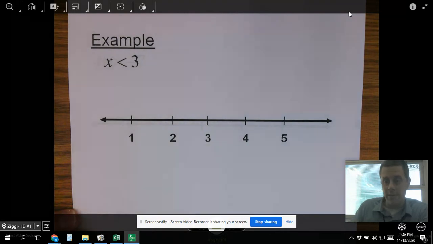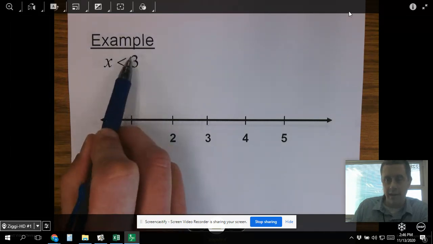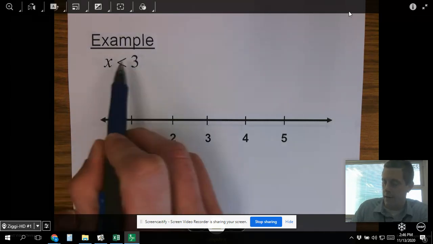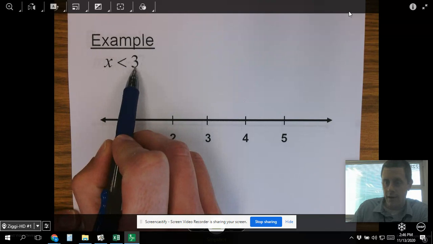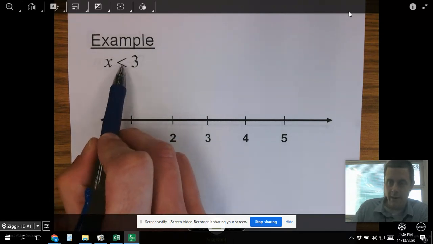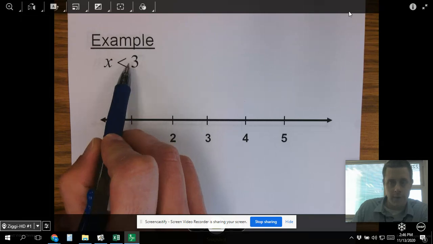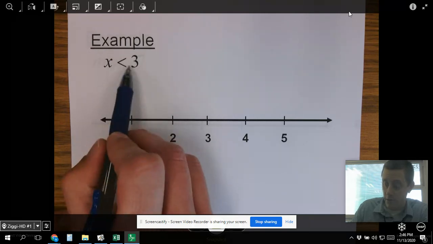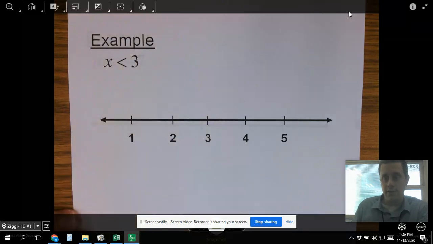From our previous slide, will I use an open circle or a closed circle? To do that, you need to test the given value in this inequality. So if my given value is 3, plug a 3 into x and ask yourself, is 3 less than 3? No, 3 is not less than 3, so 3 is not a solution to this inequality.